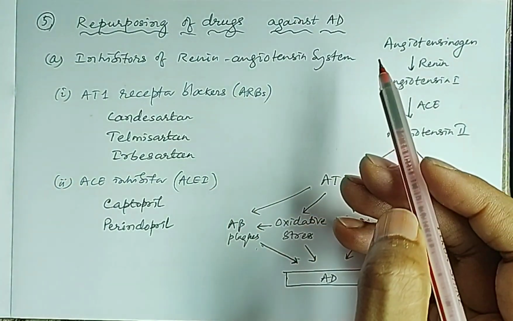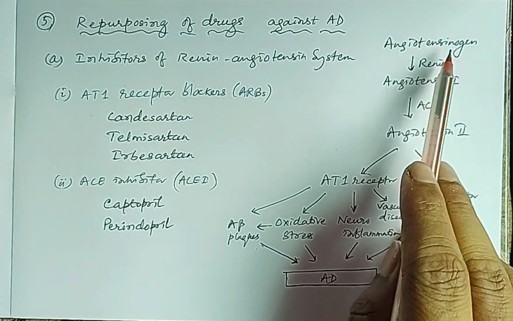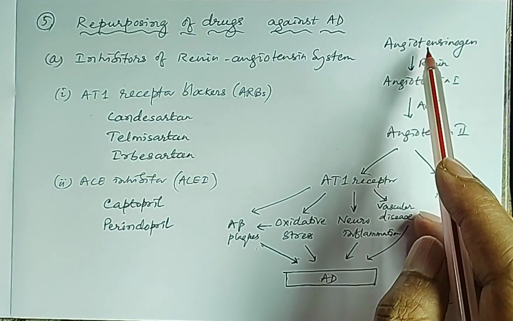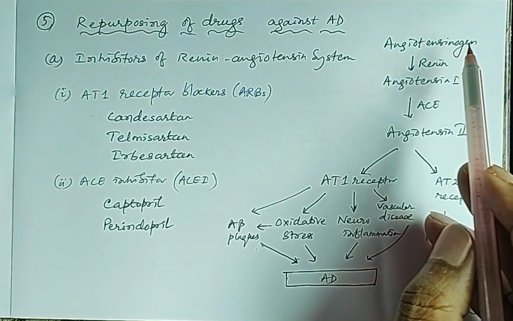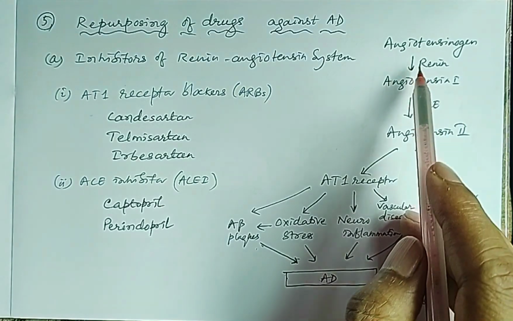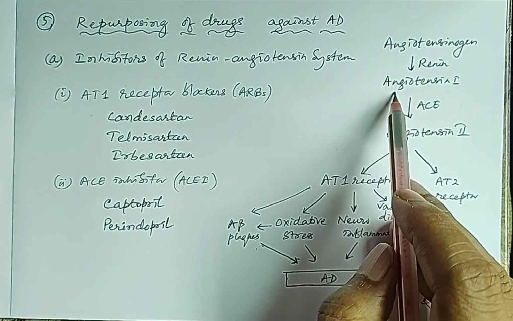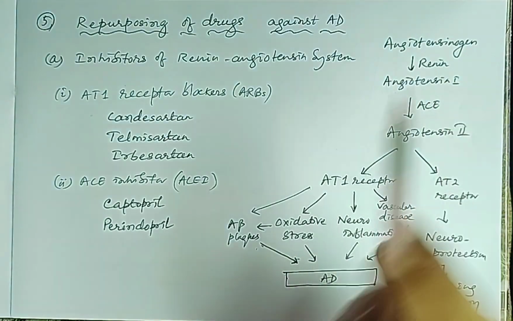Then many drugs which are now clinically used are repurposed for use against Alzheimer's disease, and one target is the renin-angiotensin system. Let us just recall it: angiotensinogen, which is an inert peptide released from liver, when renin acts on it, is converted to a decapeptide angiotensin 1.